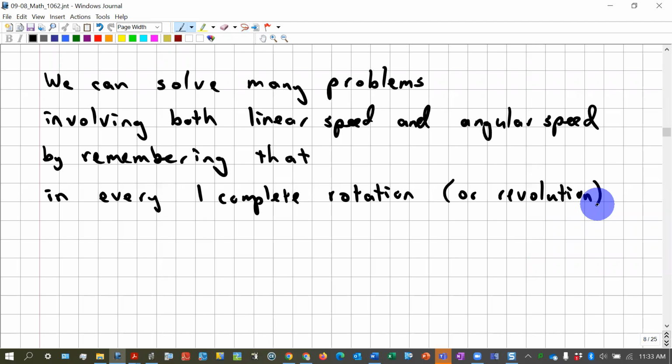So physicists make a distinction between these two things, a rotation and a revolution.